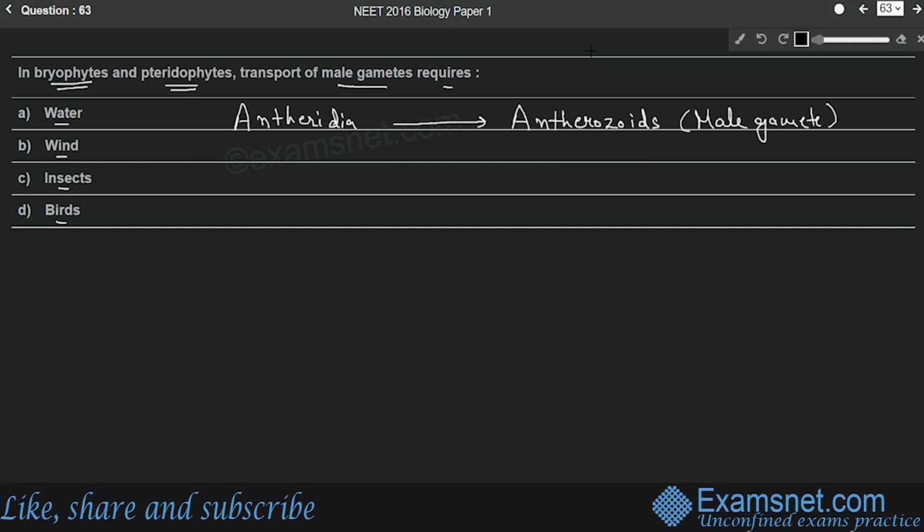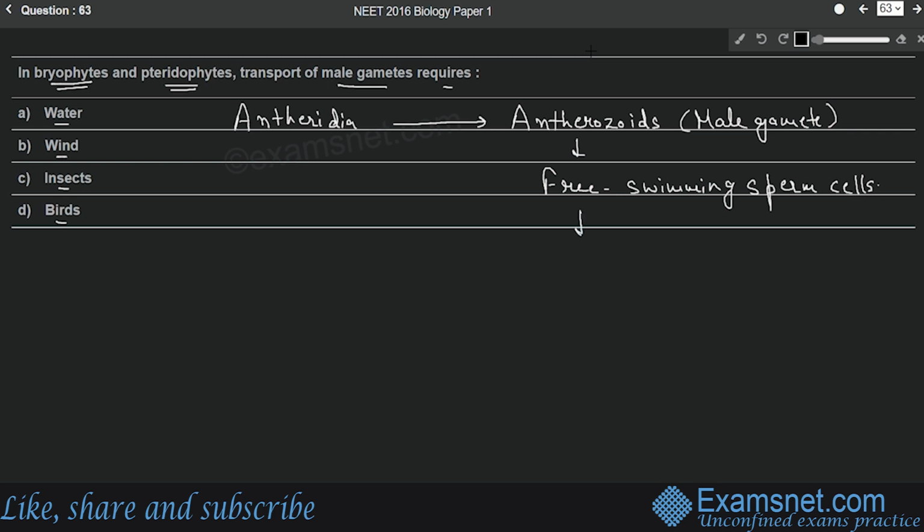Now, the male gametes here are free swimming sperm cells, okay, in both these organisms, that is bryophytes and pteridophytes. Therefore, in order to reach the female gamete, they require water.